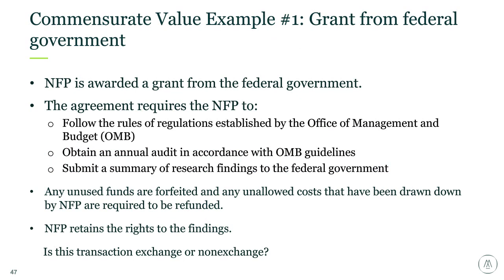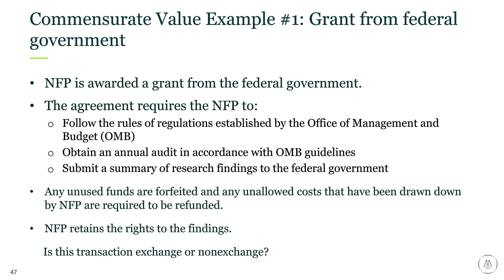So this is similar to your general grant from the federal government. So a not-for-profit is awarded a grant from the federal government. The agreement itself requires the not-for-profit organization to follow the rules and regulations established by OMB. The grant requires that the nonprofit send an annual audit in under the Single Audit Act under OMB guidance, and the federal agency requires a summary of the research findings to the federal government.